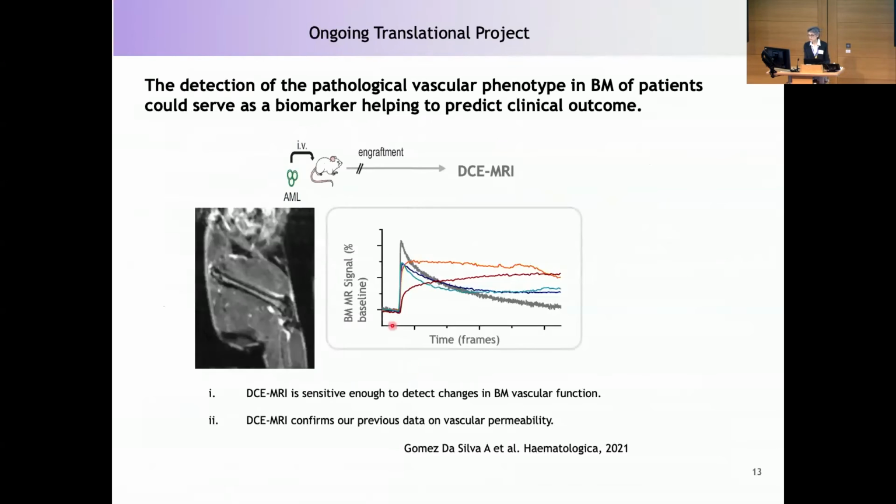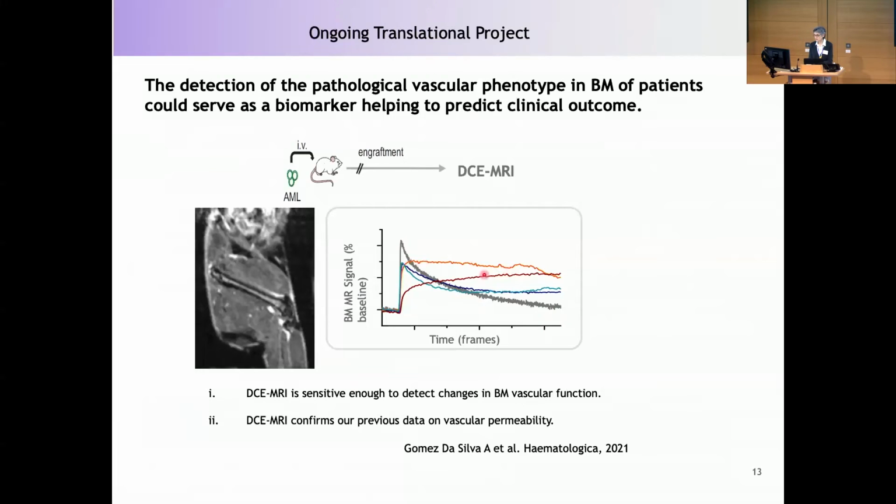What she saw essentially, even though the mouse bone marrow, the femur, is very, very tiny, she was able to show that by injecting contrast agent in the tail vein and measuring the washout of the contrast agent, this is a normal mouse, not injected with AML.